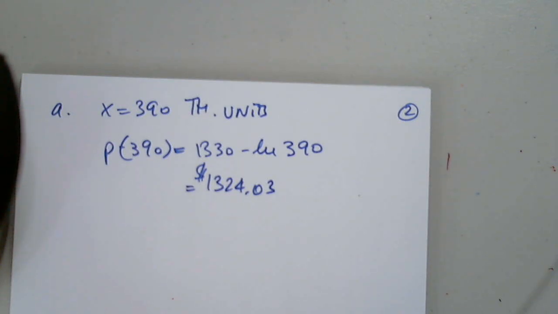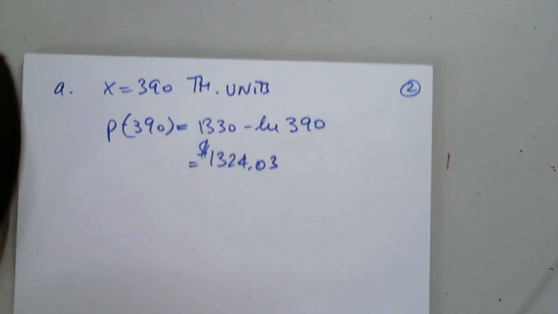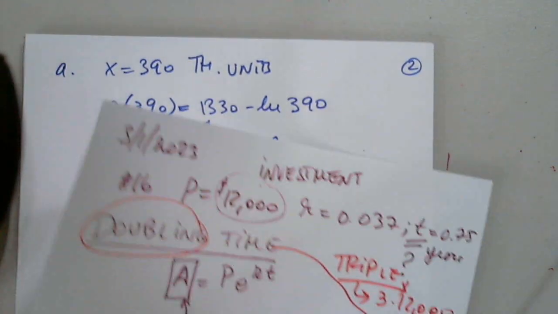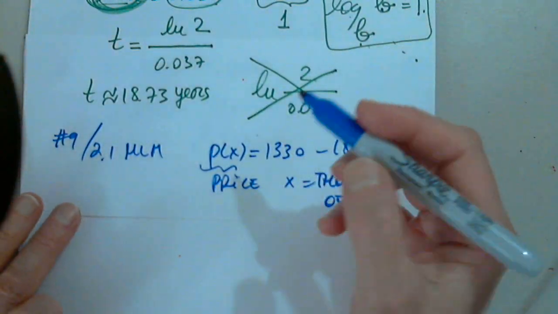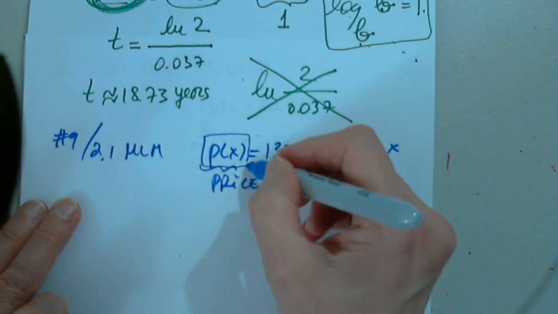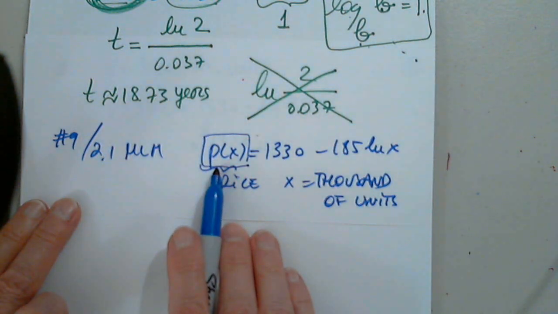But if we solve for, so if this is 390, then that is not the price. You understand what I'm saying? So let me just explain one thing. I don't know, maybe it's an error, but I cannot replace this by 390.